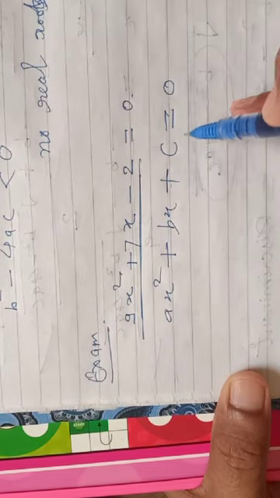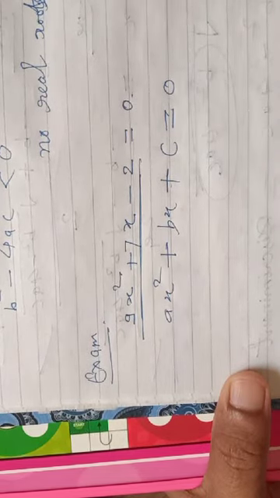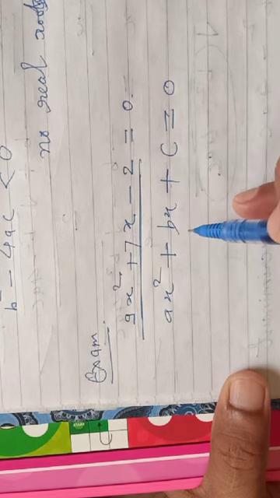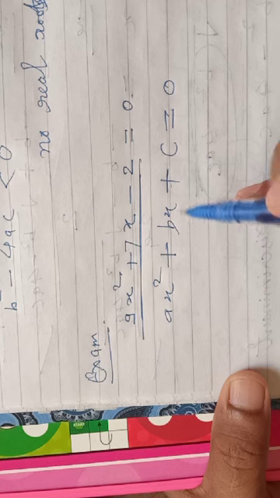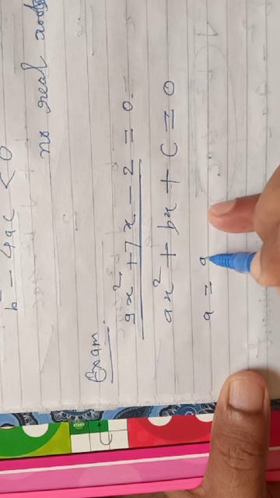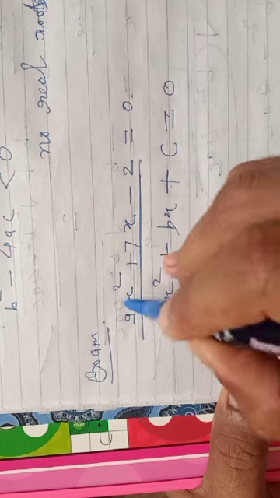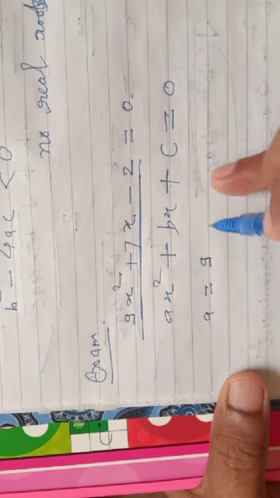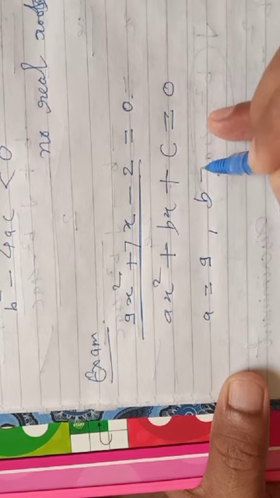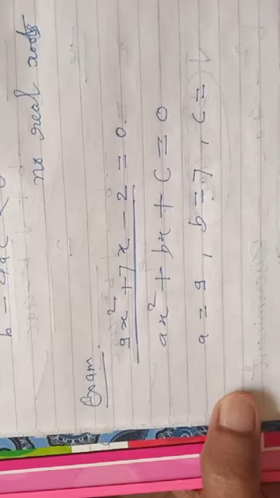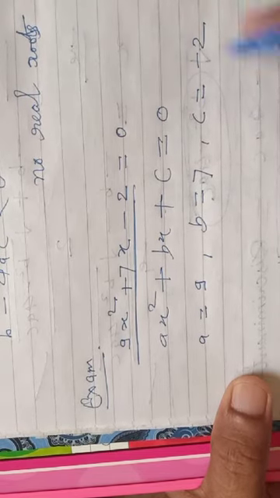When you compare that equation using the standard form, we get the value of a is equal to 9. Compare similar term to similar term. It means a is equal to 9, b is equal to 7, and c is equal to minus 2. Take care of the sign also.